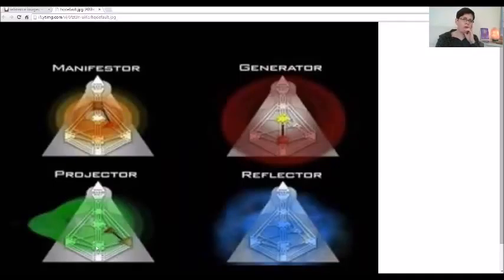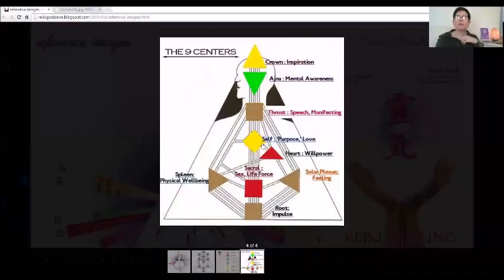So their aura type is actually sort of protruding and entering into other people through their G or self center, which is direction in their life.